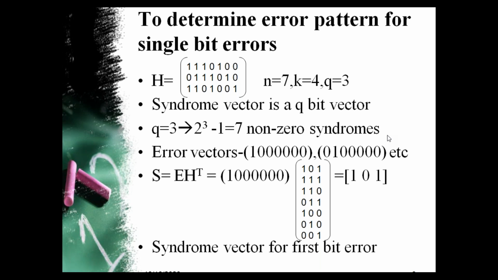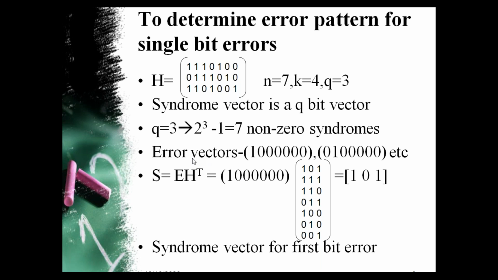Therefore if we avoid that zero vector, where all the elements are zeros, that is 0 0 0, there are 7 non-zero syndromes with q equal to 3.